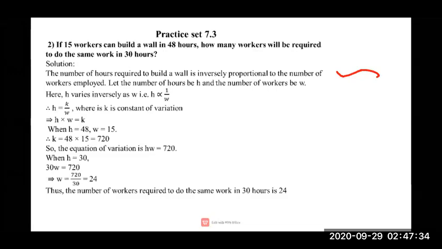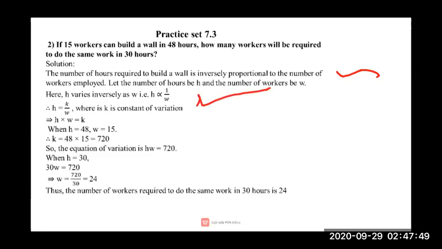So our variation is h varies inversely as w, that is h varies as 1 upon w.